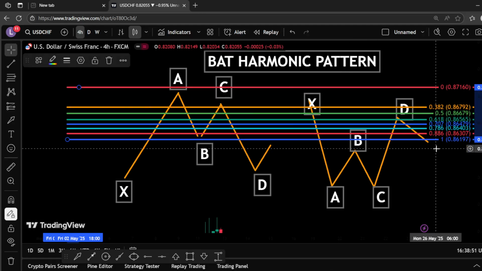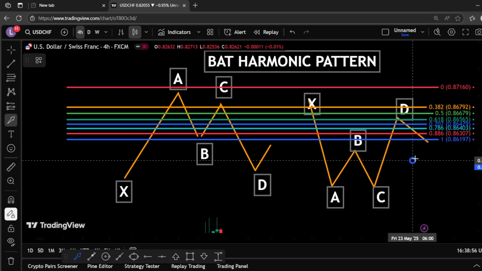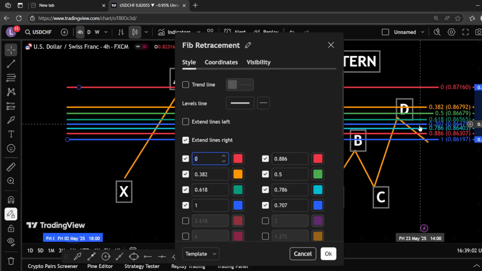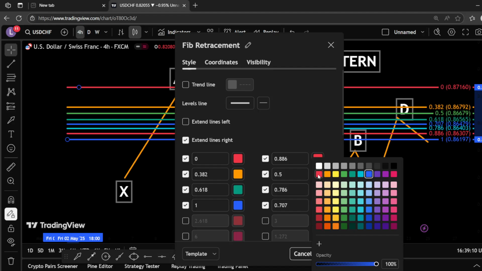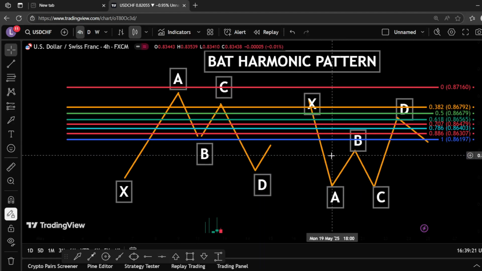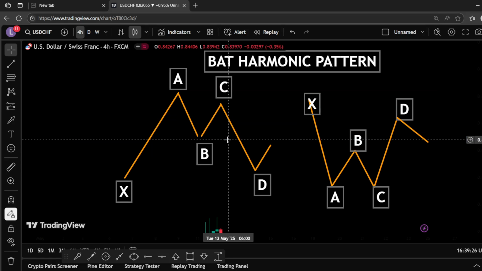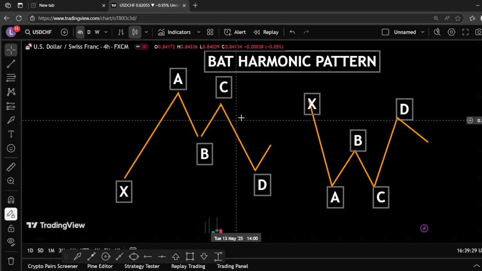You can also change the colors. Let's say you want to change 0.707 to red. Just click on the color and change it to the color that you prefer. That's it, really. Let's delete that.